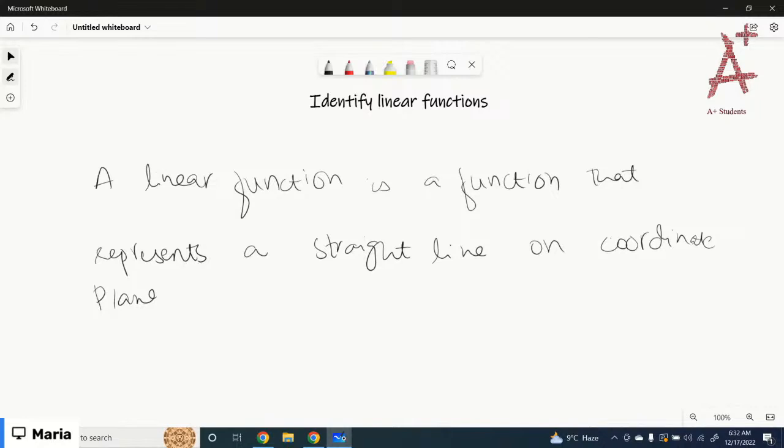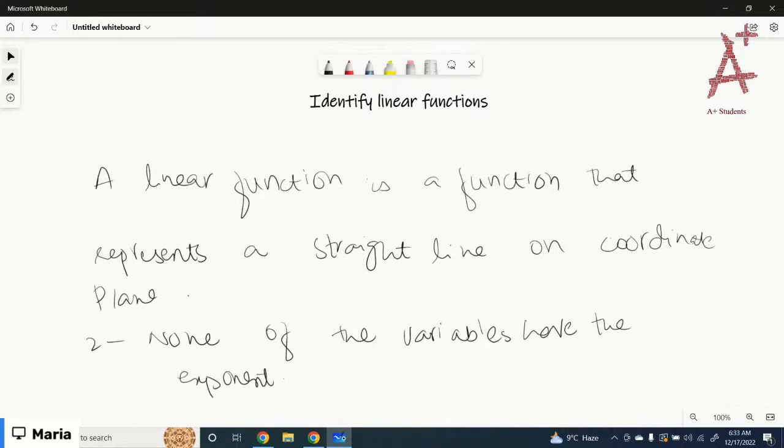And the second one is none of the variables have an exponent. Got it? Like the equation y equals 2x, or y equals 2x plus 5.